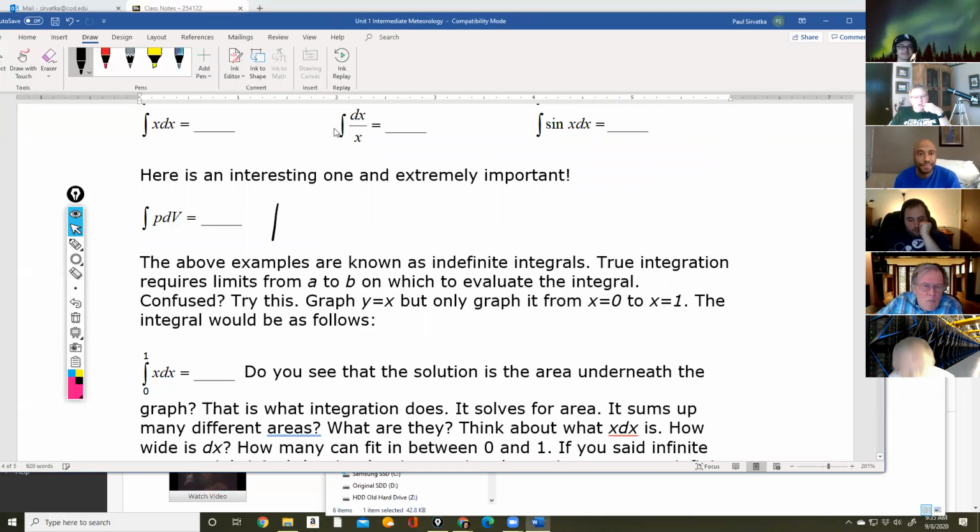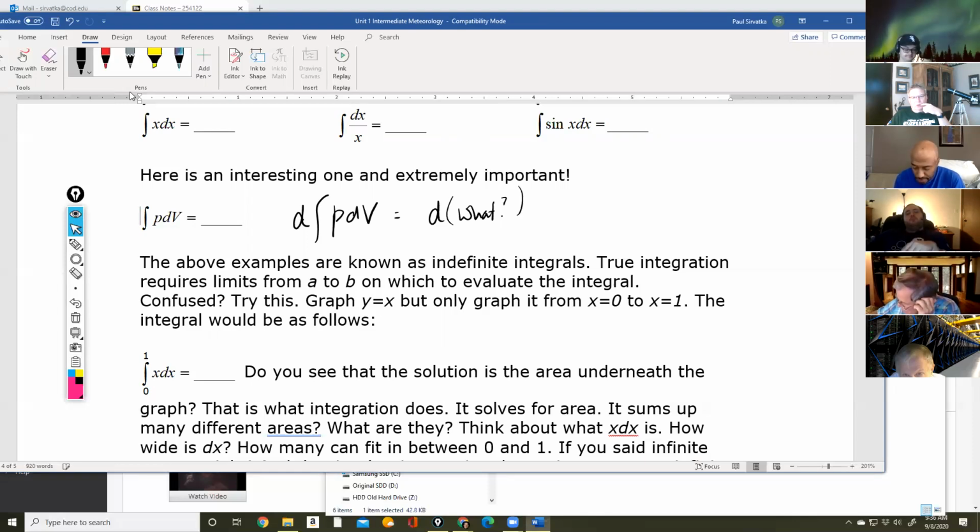You have pressure, and you're saying the derivative. If I took the derivative of both sides, it equals the derivative of what? It equals P times the derivative of volume.